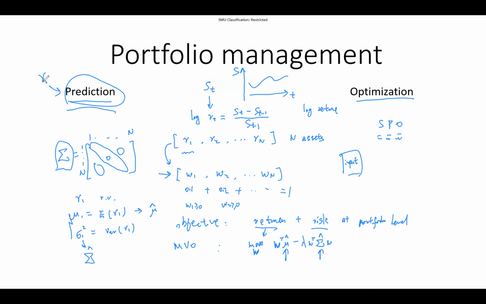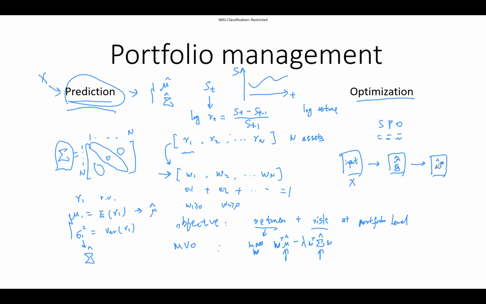We observe that, then we make predictions for mu H and sigma H. So this is the prediction problem. Input X comes in, and then we have predictions for these two terms, mu H and sigma H. And then this goes into optimization, where we have the optimum W.